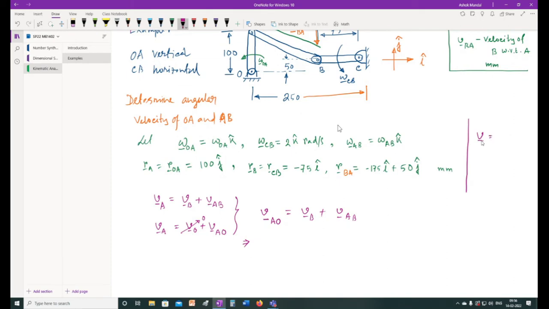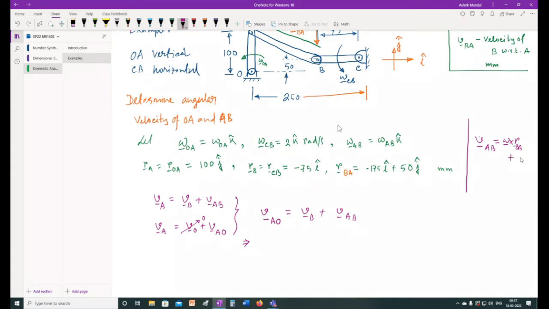Let's say VAB between any two points has two components. One is omega cross R BA.